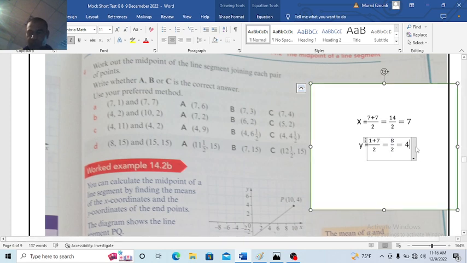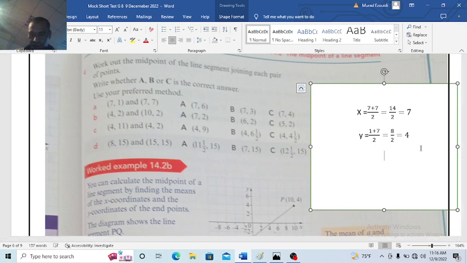Therefore the midpoint has coordinates of 7 and 4. In this question small a, the answer should be A or B or C. In fact it is C, 7.